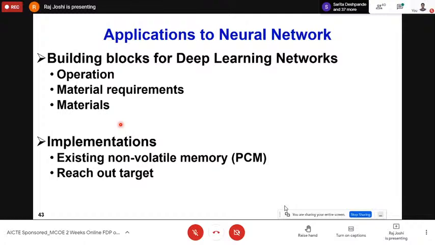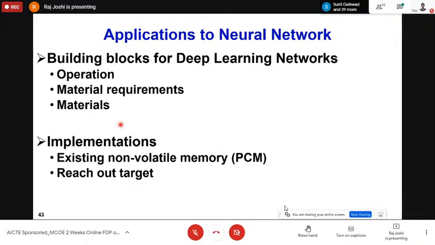Now if you look at the application of deep learning operations to neural networks, you cannot just rely on these algorithms, but you need to have the basics. I'm going to talk a little bit about the material requirements, the materials which are used. It is a little bit out of scope, but it gives you some vision of what is happening right now in this domain.